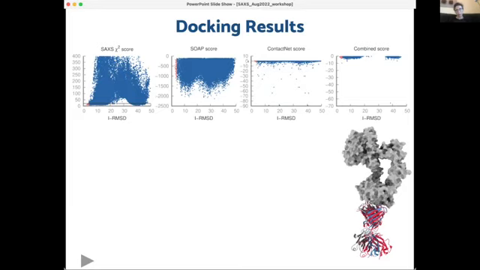It excludes quite a lot of correct models, but we can see here there is one good model that gets a good score. And once we combine all the scores, we can see that SAXS and ContactNet together sort of rank it as top scoring.